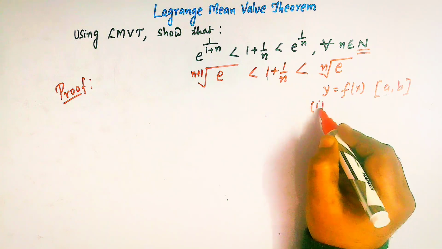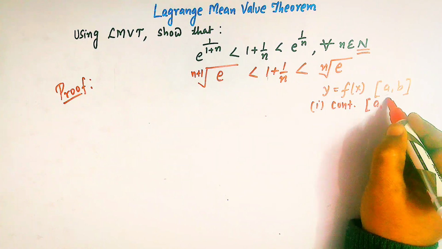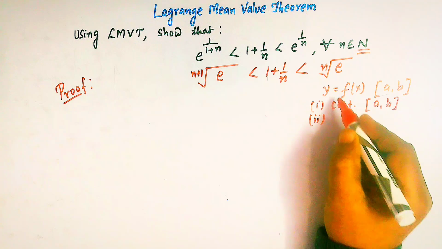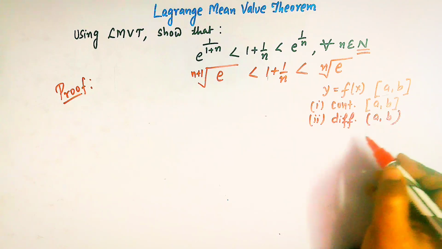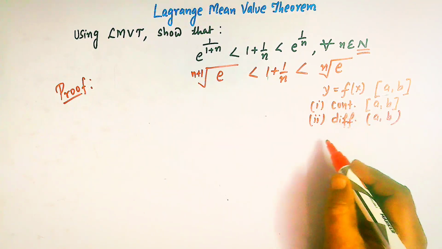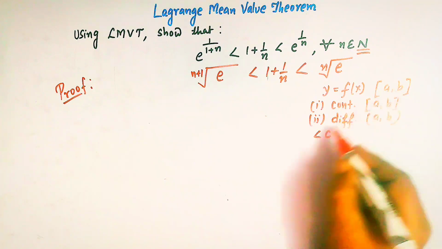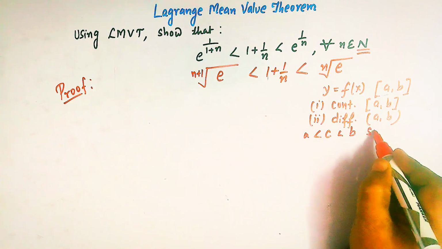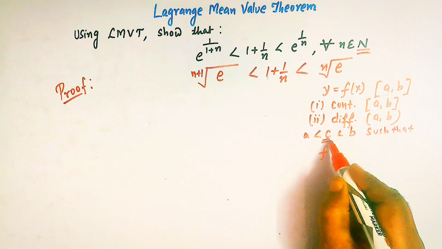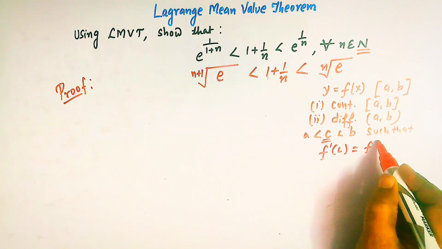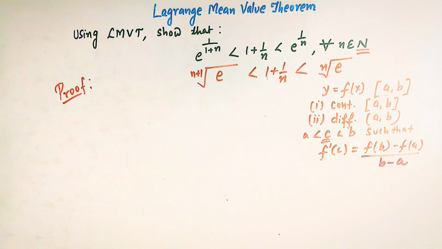And if this function is continuous in the closed interval a comma b, and differentiable in the open interval a comma b, then Lagrange mean value theorem says that there must exist some point c lying between a and b, such that the derivative of f of x at this point c is equal to f of b minus f of a divided by b minus a.